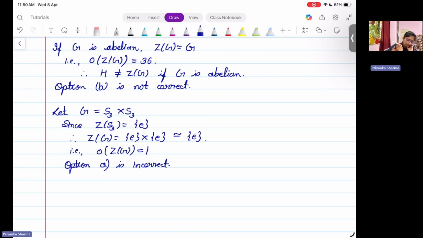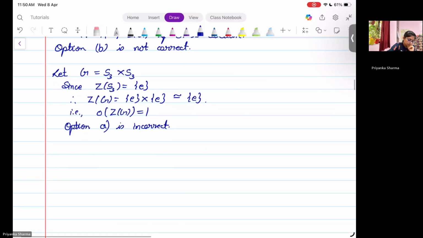So what in the case of S3 cross S3? What are the normal subgroups in S3 cross S3?